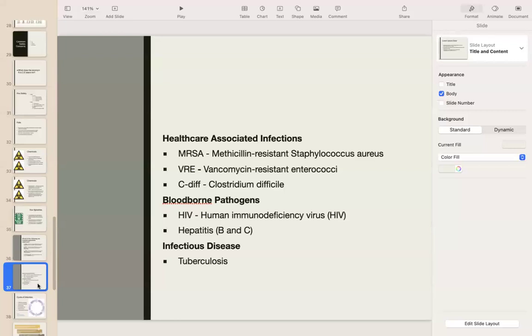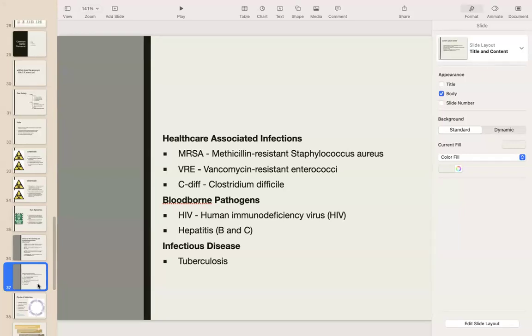So a lot of times if a patient acquires MRSA, VRE, C diff or some of these other infections while they're in the hospital, reimbursement can be cut. They'll say, well, we'll pay up until this point, but we're not paying for any treatment of the MRSA because the patient didn't have it when they came in the hospital. So it can affect reimbursement.